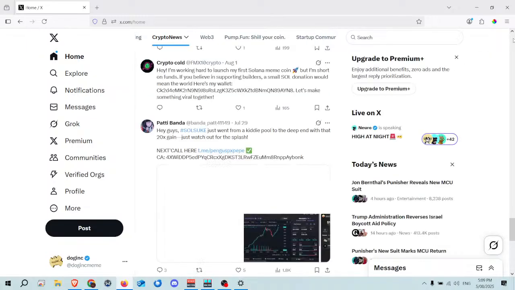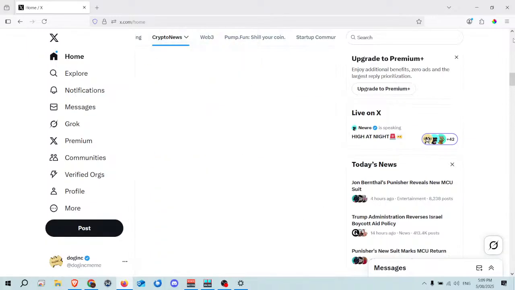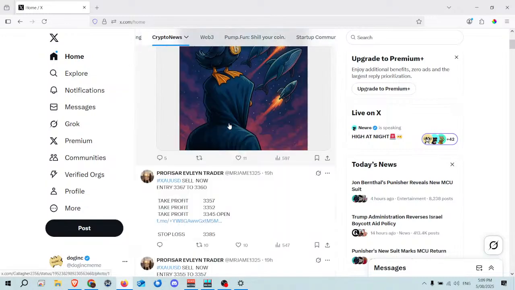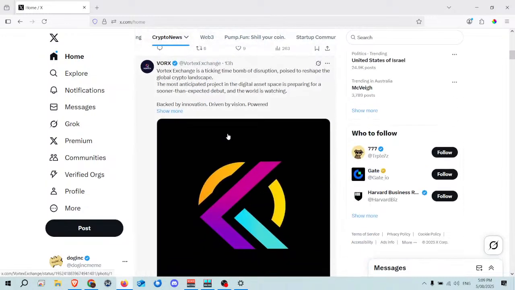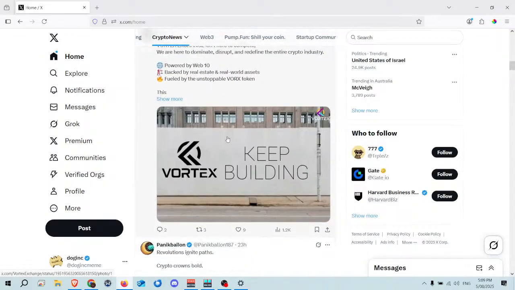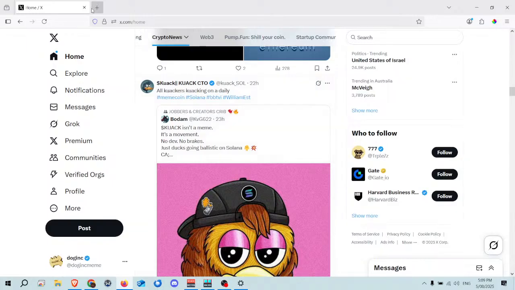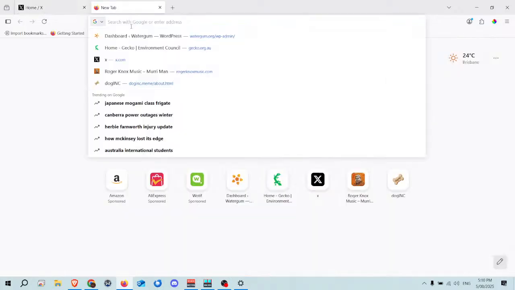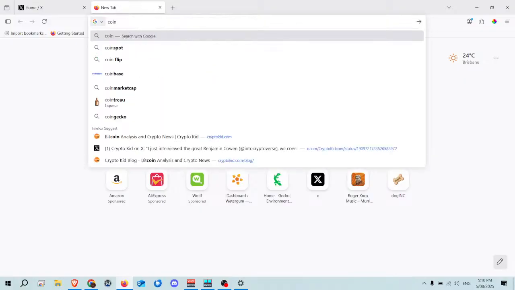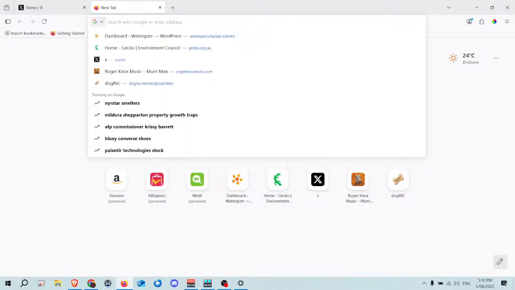What has been happening in crypto news? Every time I see some things like this, you have to always fact check it, eh? But it doesn't look like anything too interesting. Let's have a look at, what's it called? Coin. Crypto panic.